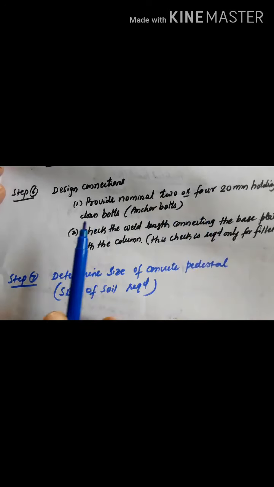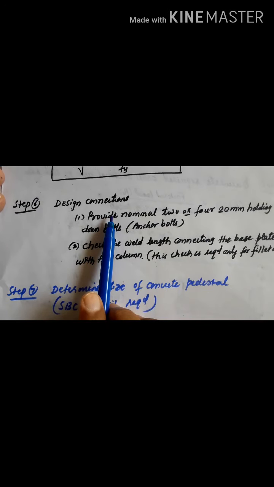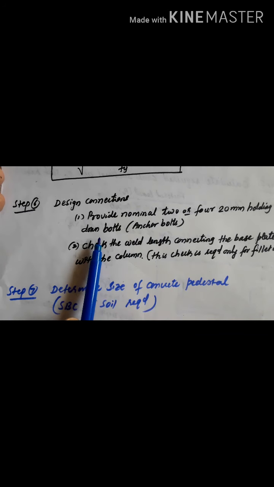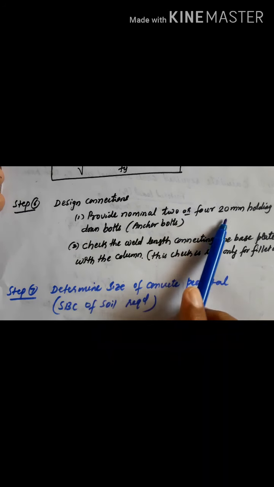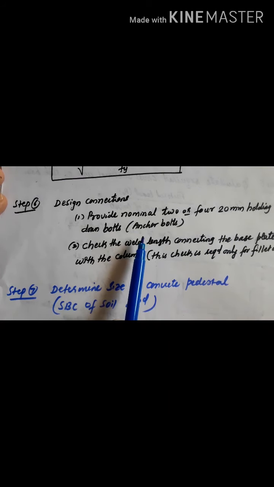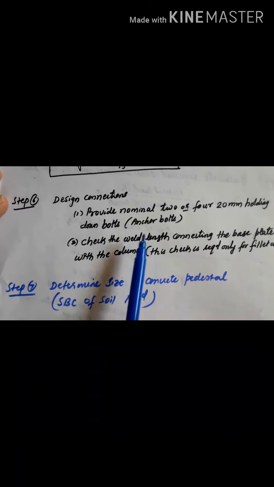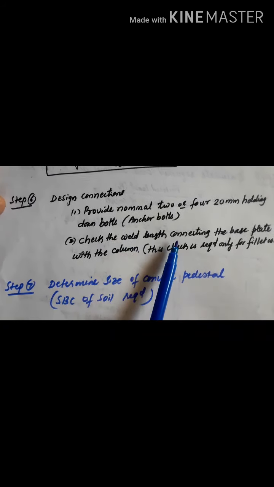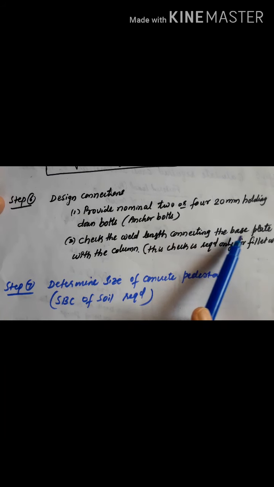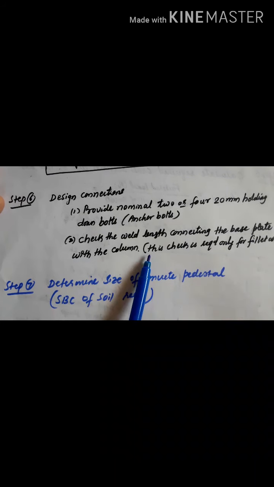Then step number 6, you have to design the connections. In designing the connections, you have to provide the anchor bolts, say 2 or 4 numbers of 20 mm holding down bolts. Then you have to check the weld length connecting the base plate with the column.